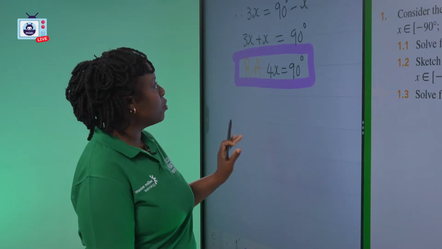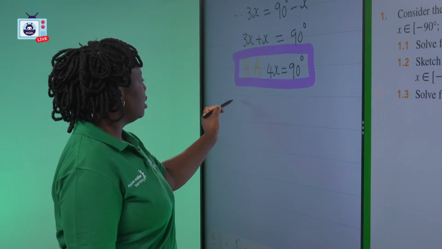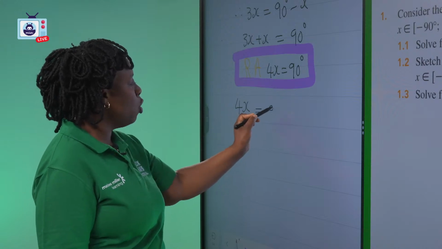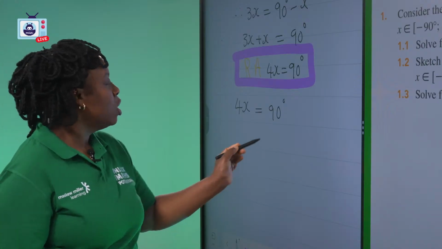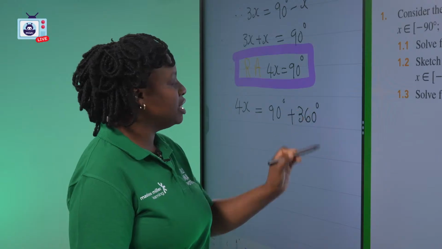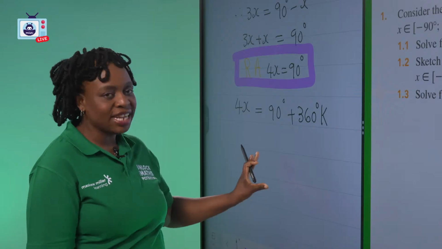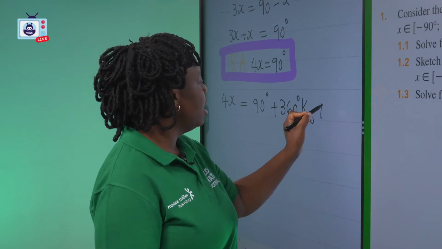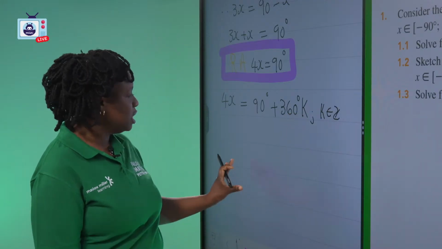Right, so let's write a sort of general mini formula for us to get it right. What is happening here is we have 4x equals 90. Because we are dealing with 360 degrees, we have to add the period, which is 360 degrees, multiplied by k or n, where k is an element of any integer, right?